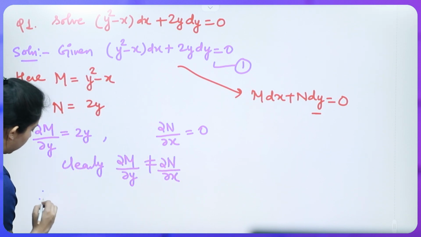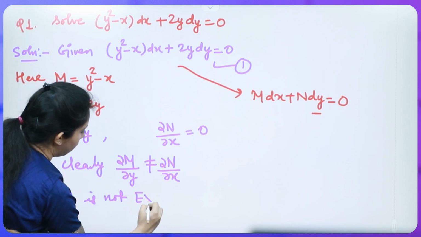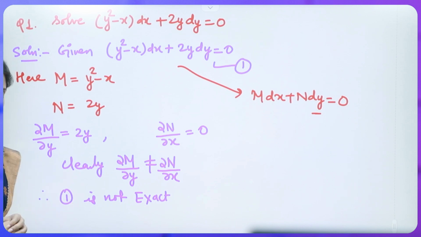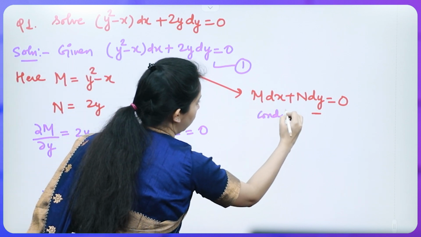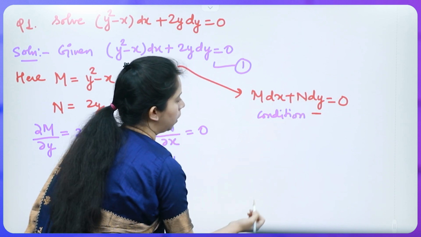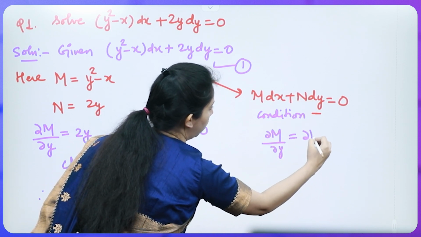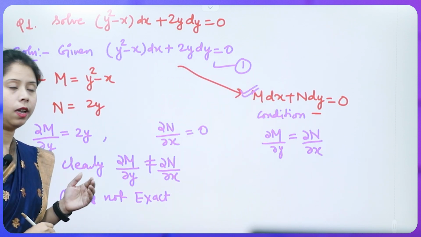Therefore, equation number 1 is not exact. We have already discussed the condition of exactness for any first order differential equation: del M upon del y should be equal to del N upon del x. Then only we can say that the given differential equation is exact.